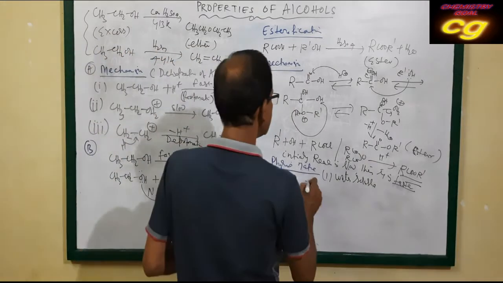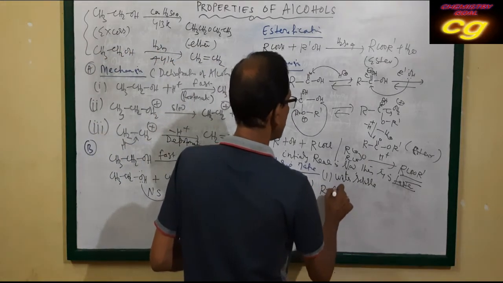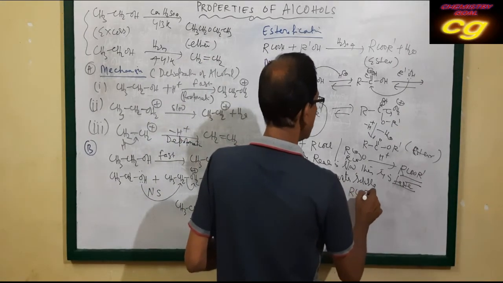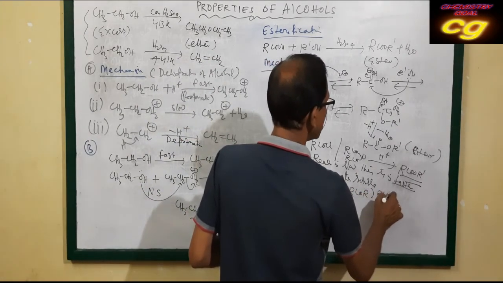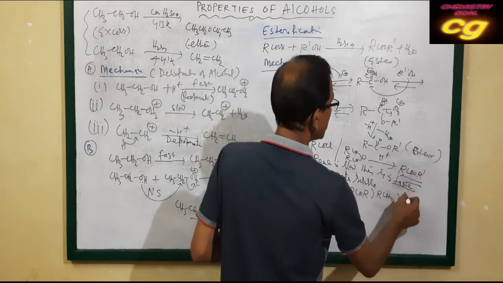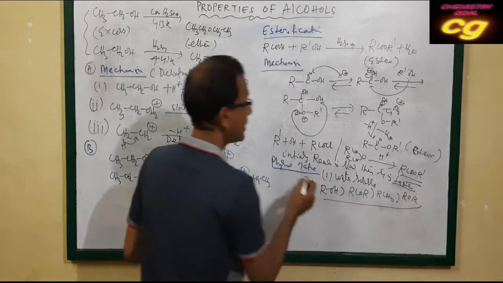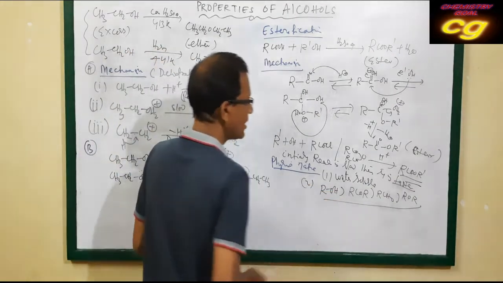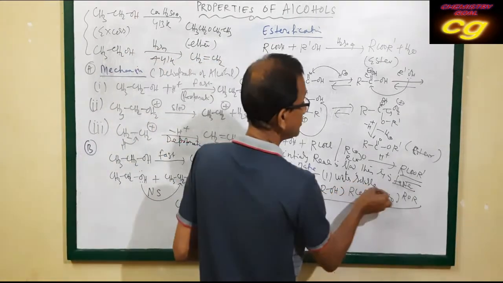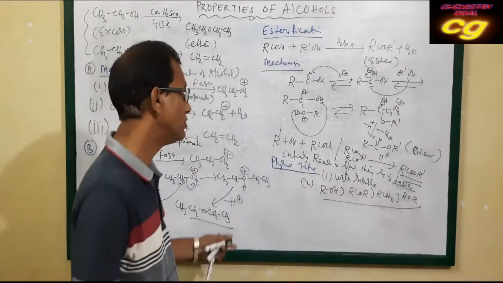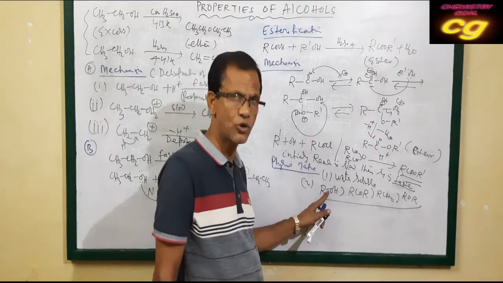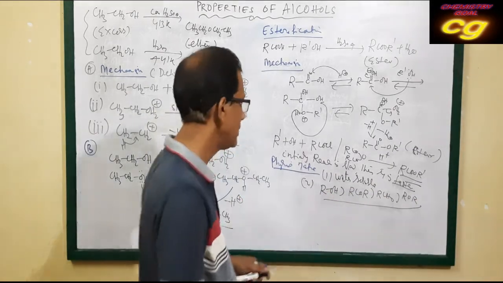And second, alcohol's boiling point is greater than that of ketone, aldehyde, and ether. It's very important, you have to remember the boiling point order. First is alcohol, then ketone, then aldehyde, then ether. This is the boiling point order because alcohol produces strong intermolecular hydrogen bonding. That's why the boiling point is more.